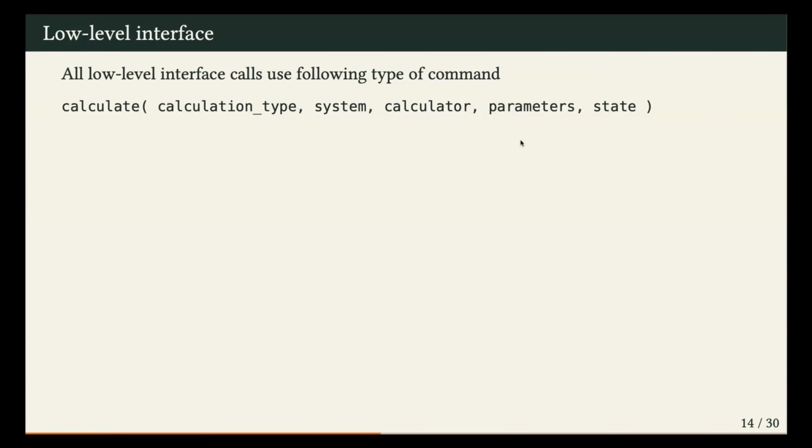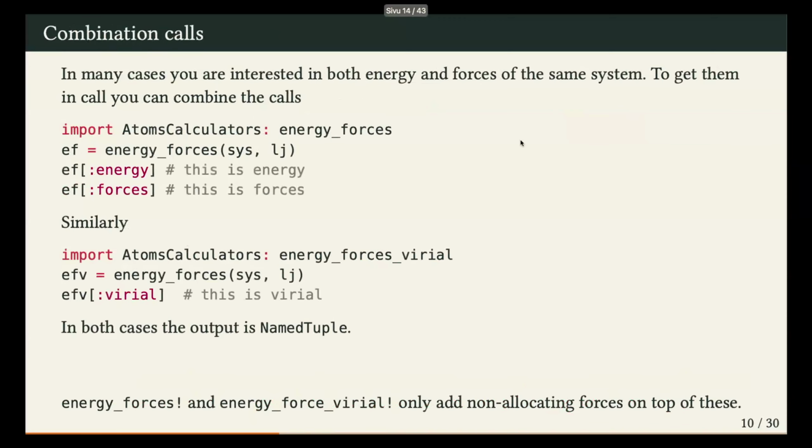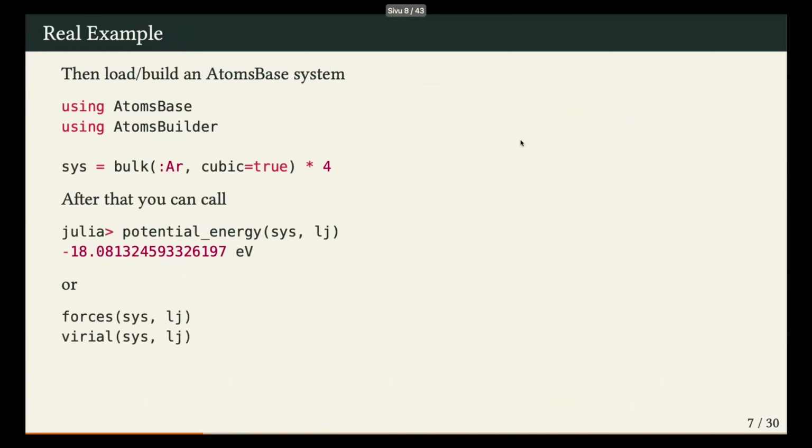I have a question about the units. If a calculator is written so that it's kind of unit agnostic... Yes. Here the unit is in electron volts. You can have it as Hartree, you can have it as joules, whatever.